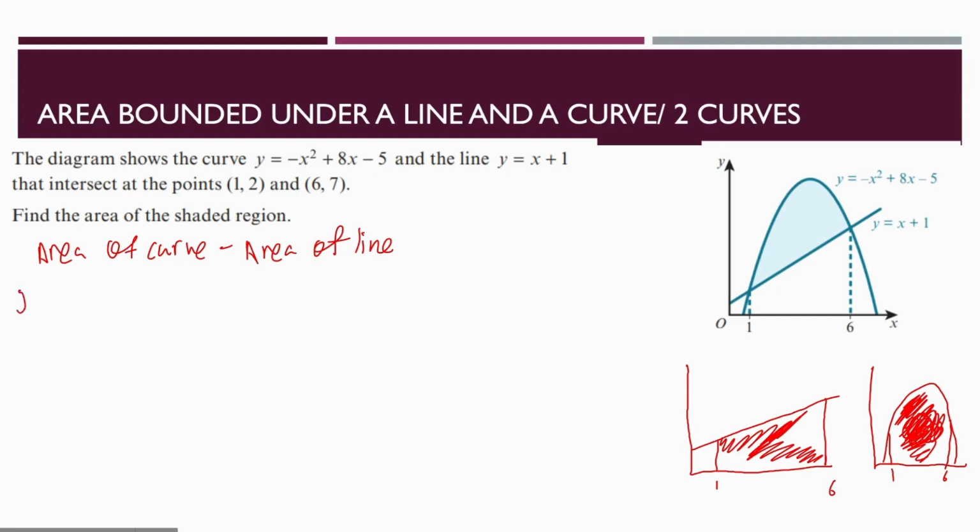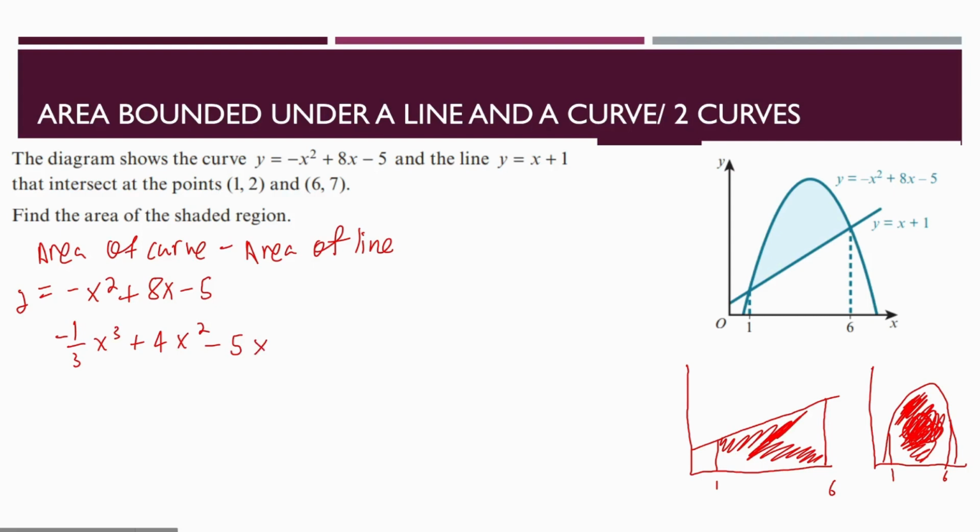So first of all, let us integrate. Let me just write the equation. y is equal to minus x square plus 8x minus 5. So the integration of this should give me minus 1 over 3 x cubed plus 8 over 2, which is 4x square, minus 5x.